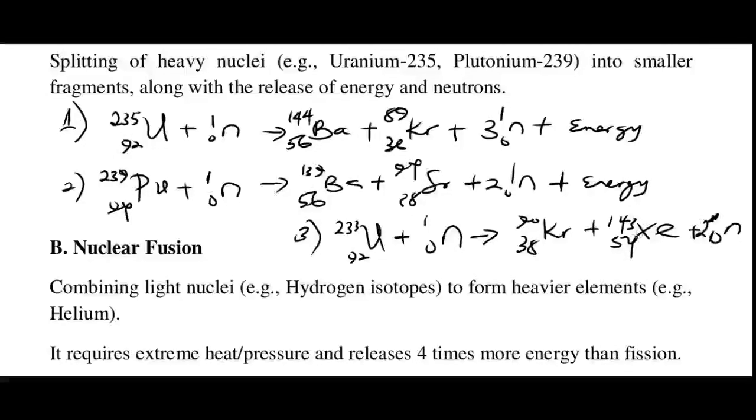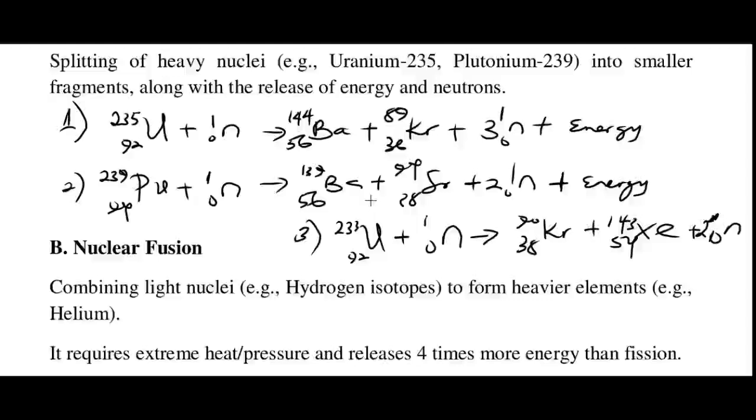So these are examples of the nuclear reactions that has to do with fission. So uranium splitting into two smaller fragments, and plutonium also splitting into two smaller fragments. So the whole concept of nuclear fission is splitting of heavy nuclei into smaller fragments alongside the release of energy and neutrons, as you can see.